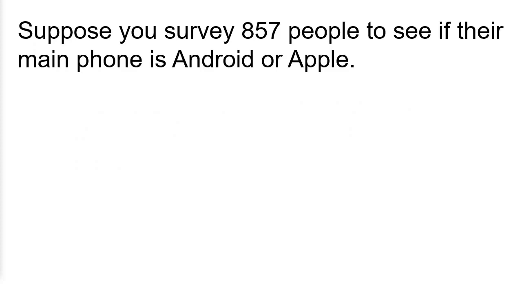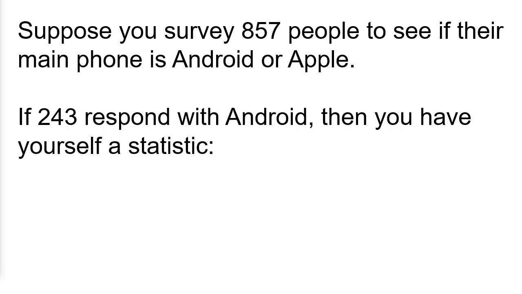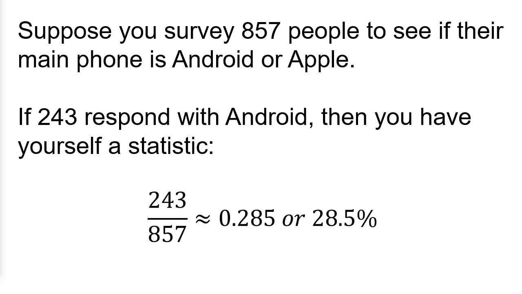So suppose you survey 857 people to see if their main phone is Android or Apple. And the results of the survey are that 243 respond that Android is their main phone. Then you have yourself a statistic. You take 243, you divide by 857, and you get a probability of 0.285, which you could also think of as 28.5%.